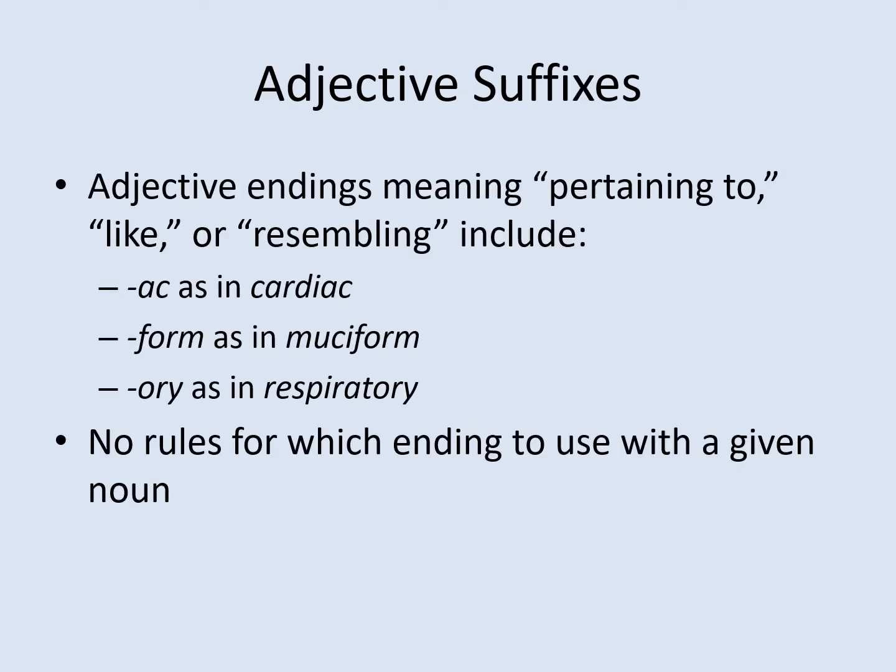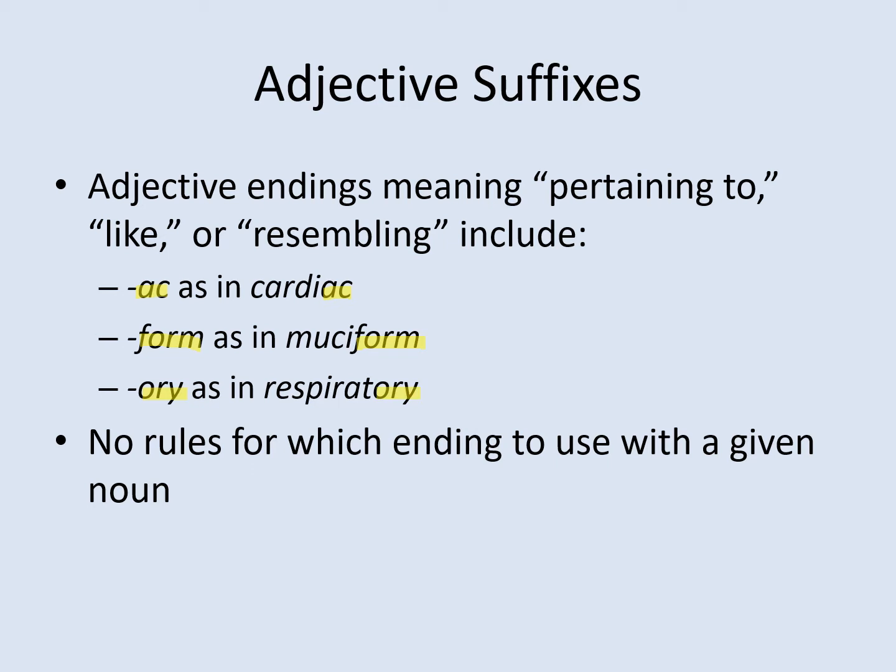You can have adjective suffixes as well. Adjective endings meaning pertaining to, like, or resembling include the following: ac, as in cardiac; form, as in musiform; ory, as in respiratory.